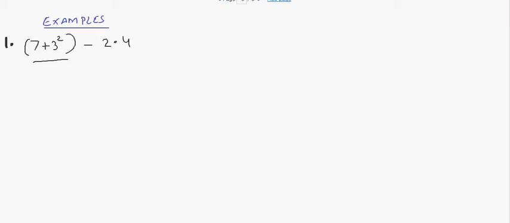So as we can see, we start with parentheses first. Within the parentheses we can see there is an exponent and also addition.